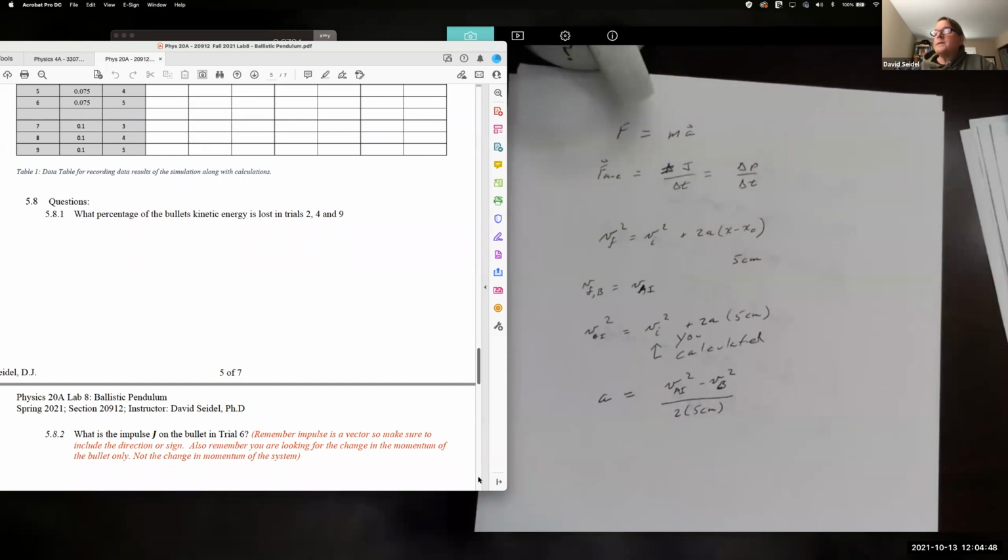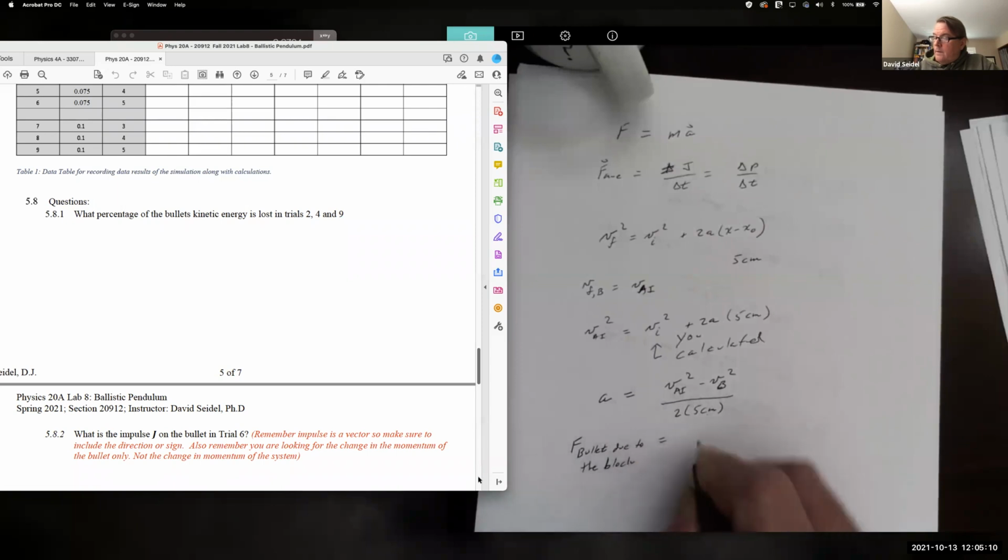We're assuming it's decelerating uniformly. So F on the bullet due to the block equals mass of the bullet times A on the bullet.